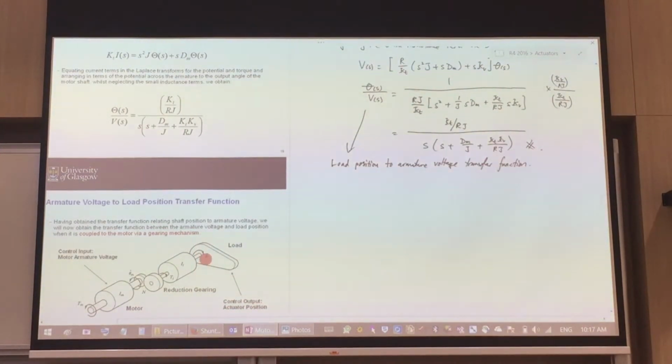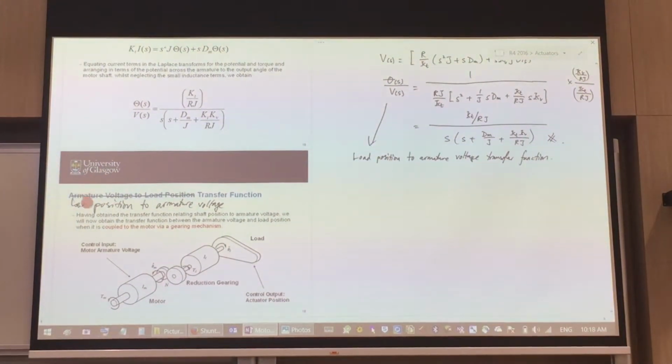What we are after is the load position to armature voltage.